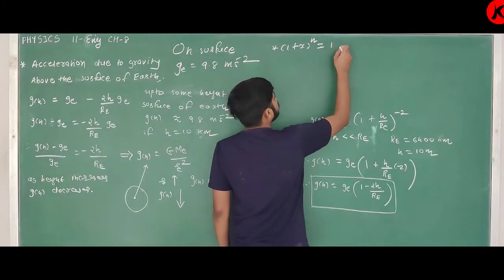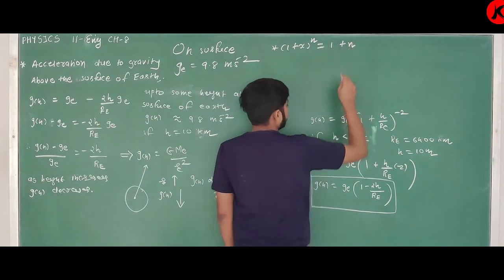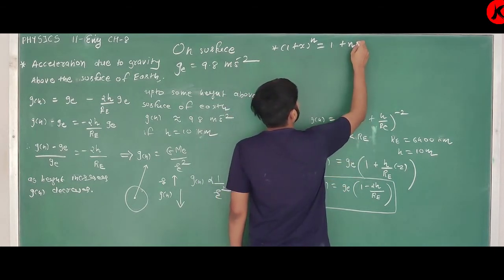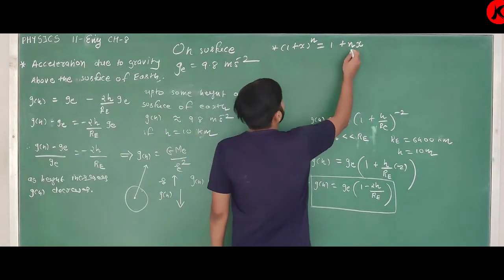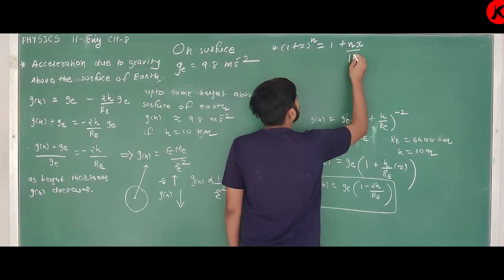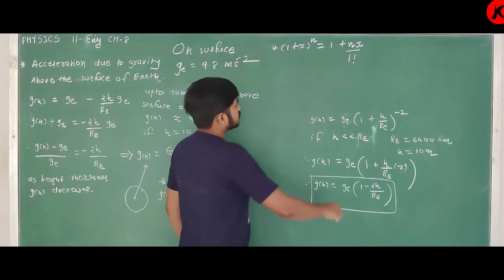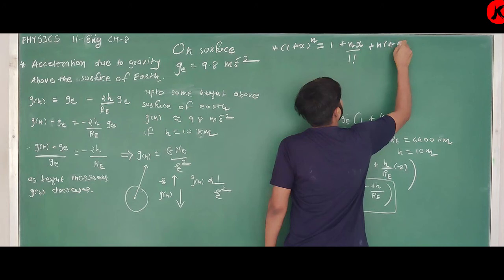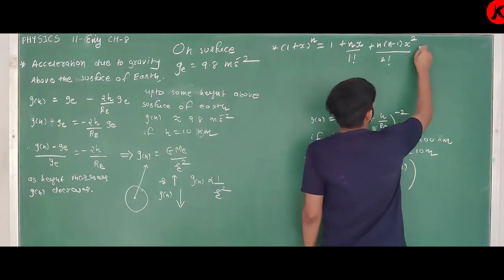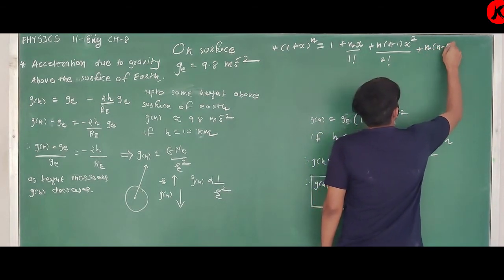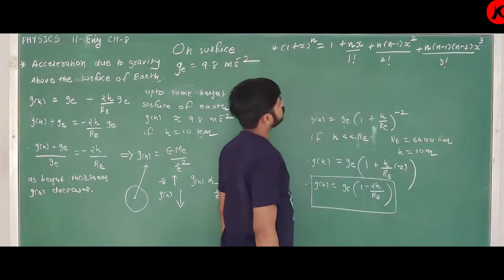Its answer is 1 plus n into x upon 1 factorial, plus n into (n minus 1) x square divided by 2 factorial, plus n (n minus 1) (n minus 2) x cube divided by 3 factorial.